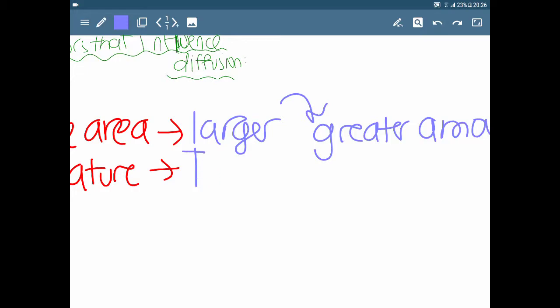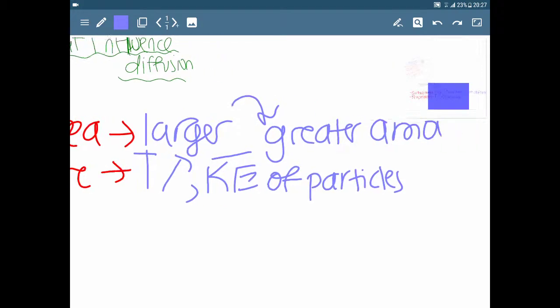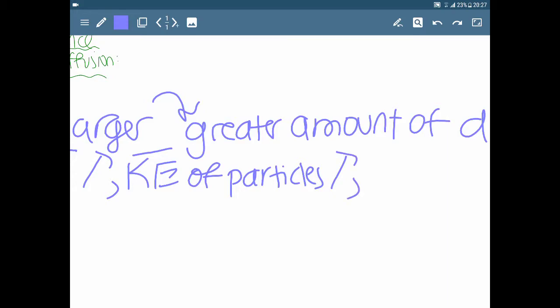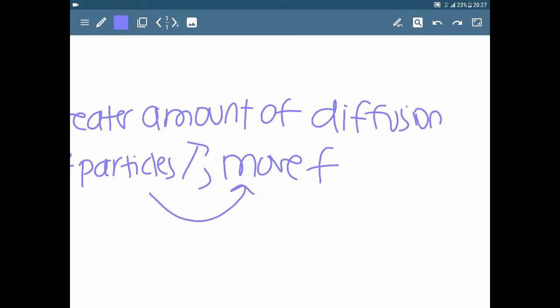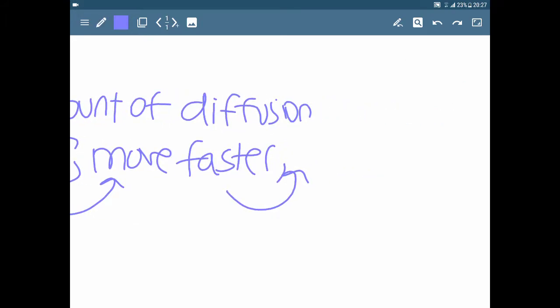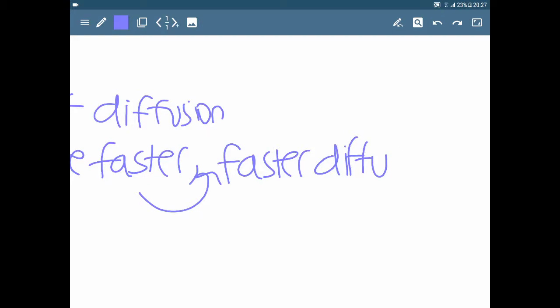If temperature increases, then the kinetic energy of particles increases. If kinetic energy of particles increases, they move faster. If they move faster, then that means there is faster diffusion.